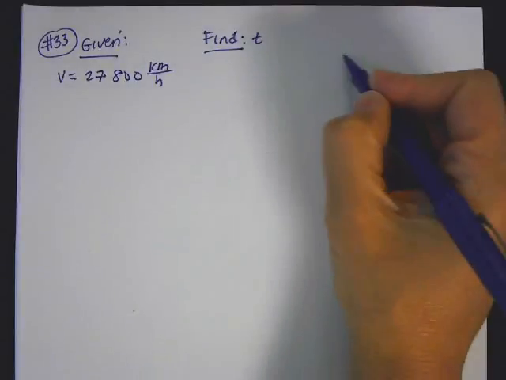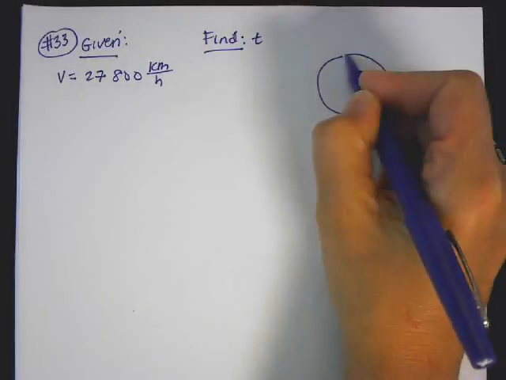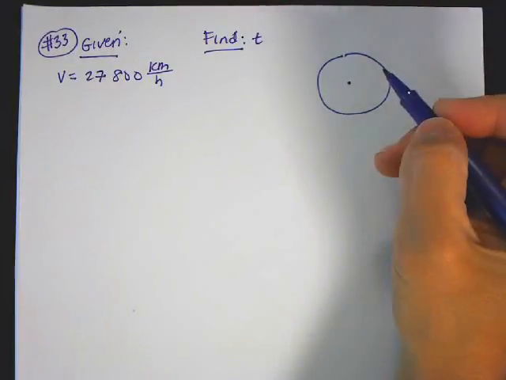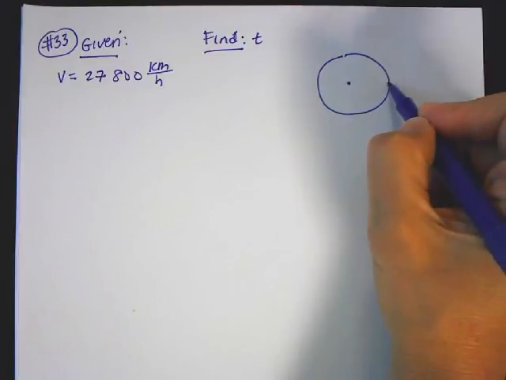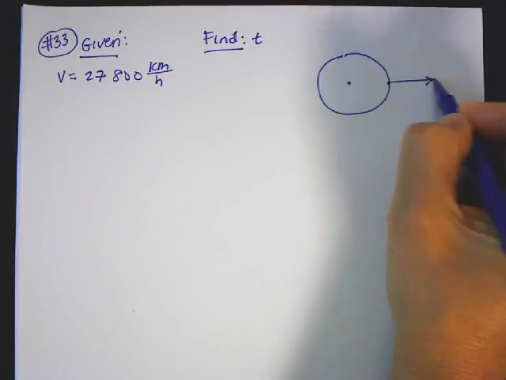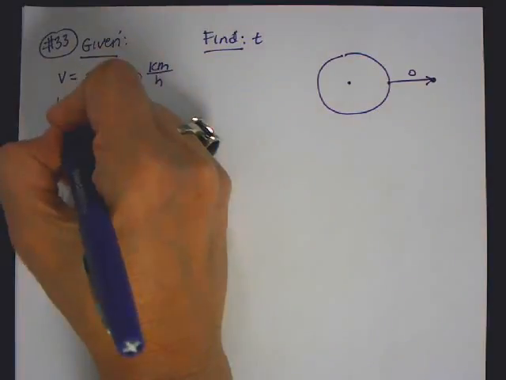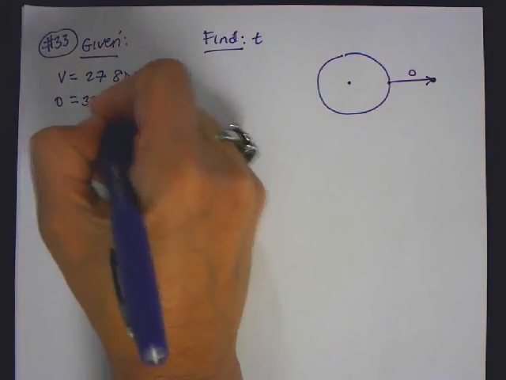So what I'm going to do is I'm going to draw a picture of Earth. So here's the Earth. And now they're telling me it's orbiting 320 kilometers above the Earth. So that's this distance here, which I'm going to call O for orbit. So there's the shuttle. So the orbit is 320 kilometers.